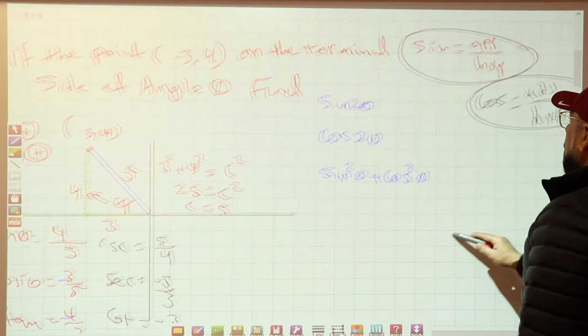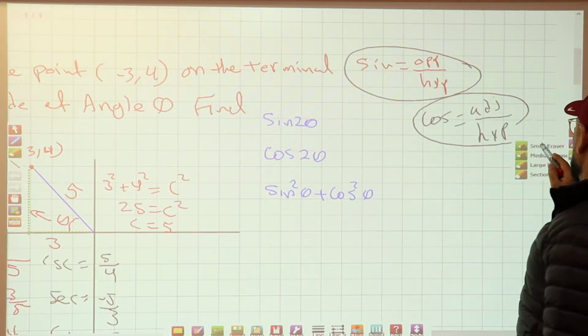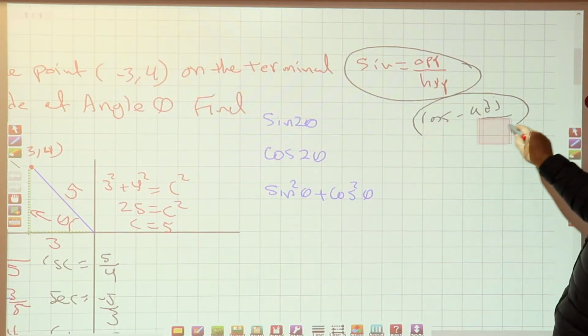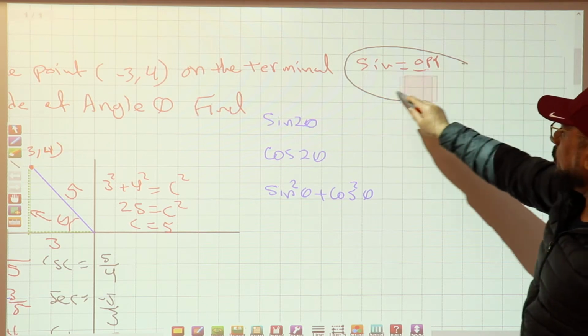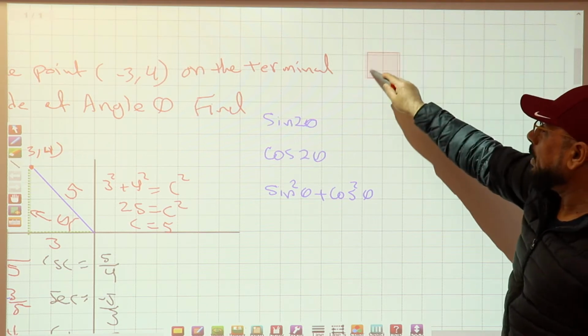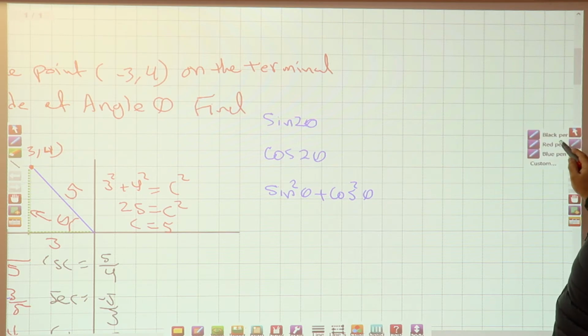Now what you want is sine 2 theta. We don't need this. Just to refresh your memory: sine is opposite over hypotenuse, cosine is adjacent over hypotenuse.